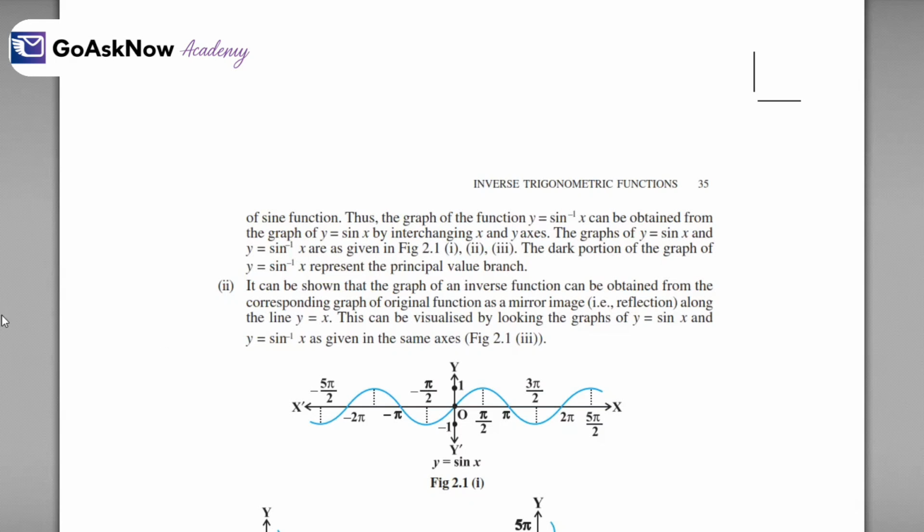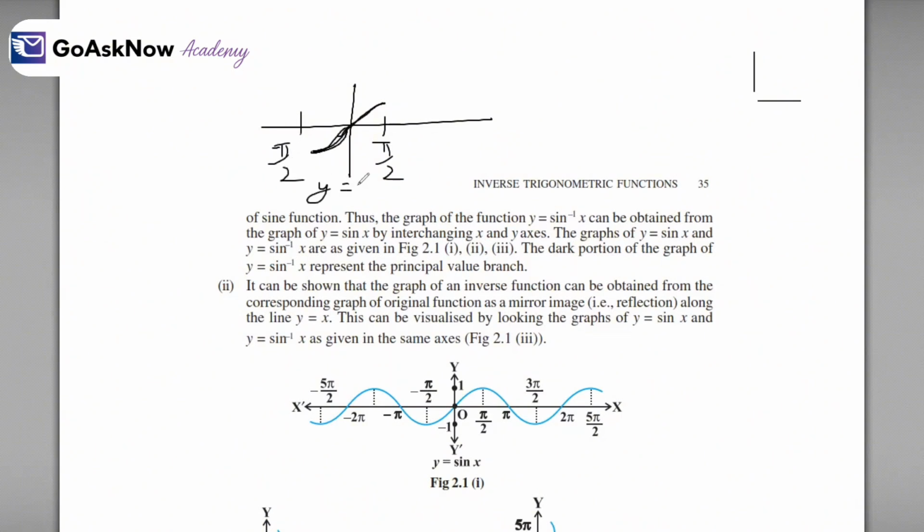So let's find the mirror image of sine x. I will show you how it comes. Sine x is one-one and onto in this interval only, minus pi by 2 to pi by 2. This is pi by 2 and this is minus pi by 2.